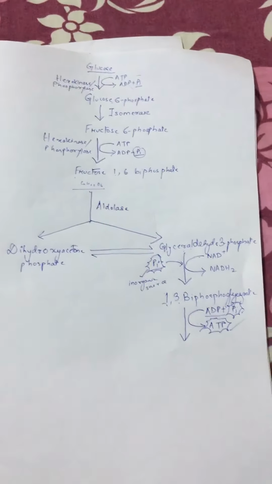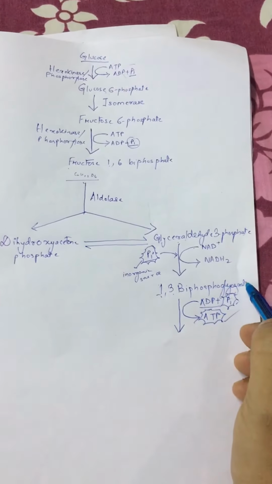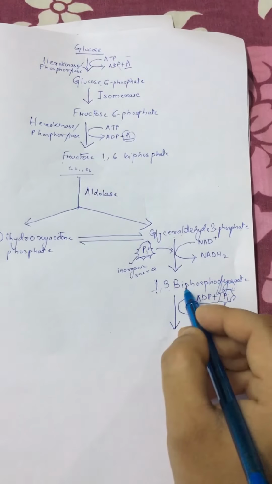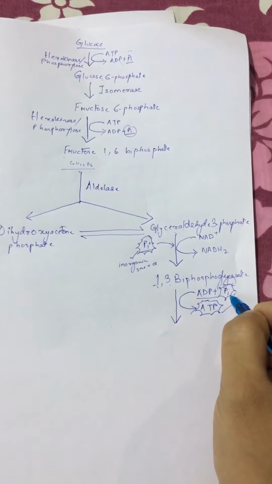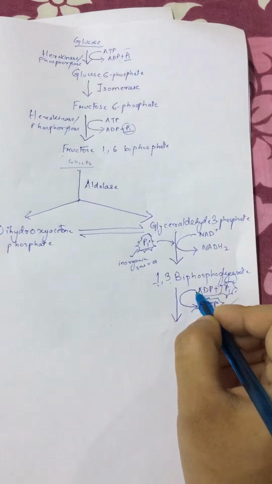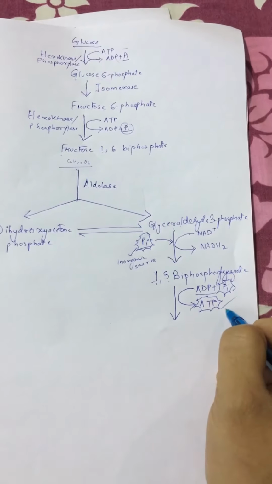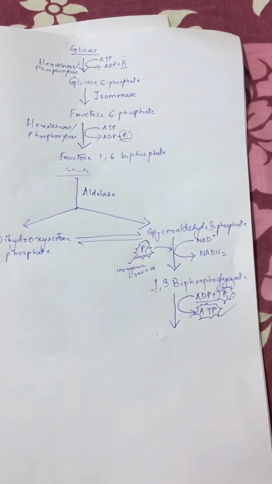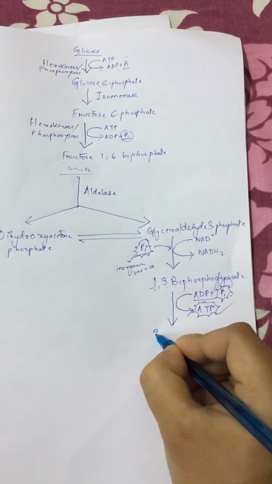Now from the 1,3 biphosphoglycerate, where two phosphorus groups are present, one inorganic phosphorus has come out, and this inorganic phosphorus has combined with ADP, and we are getting an ATP molecule.